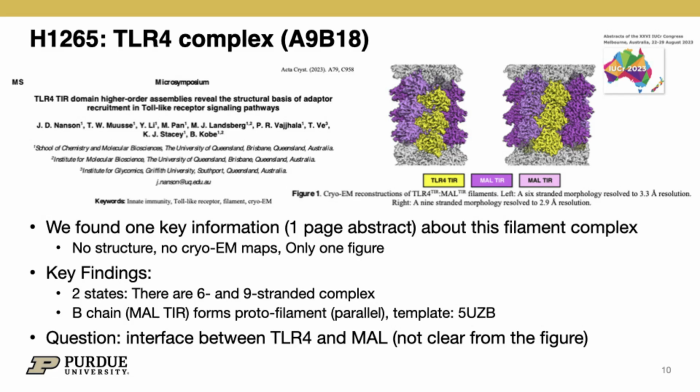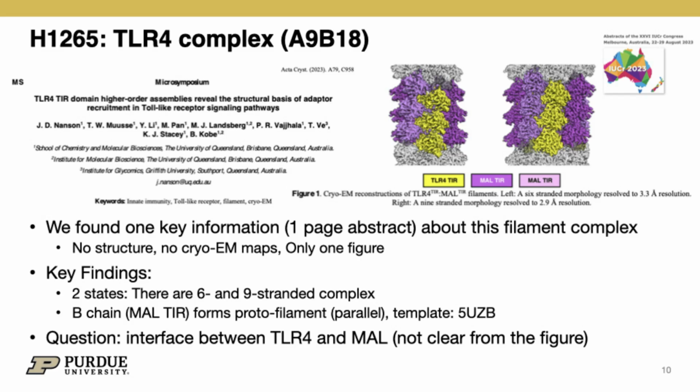Probably everyone found the template for this, TIR, which is 5UZB. I think we found it by an HHpred search, and we also found the author's name, did a search, and found this one-page abstract from IUCr 2023.